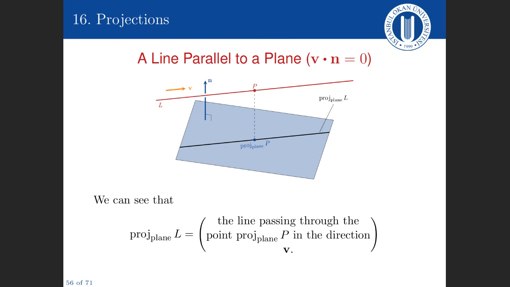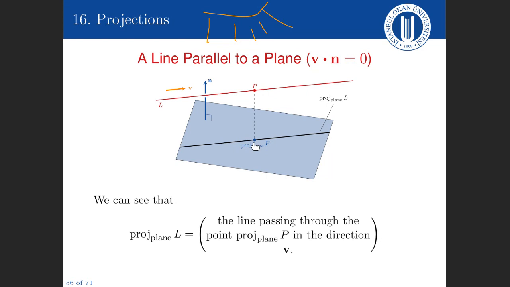Case 2. Let's suppose we have a line which is parallel to a plane. Again, let's imagine we have the sun at the top, and we're looking for the shadow of the red line on the plane. The shadow of the red line on the plane is this black line.